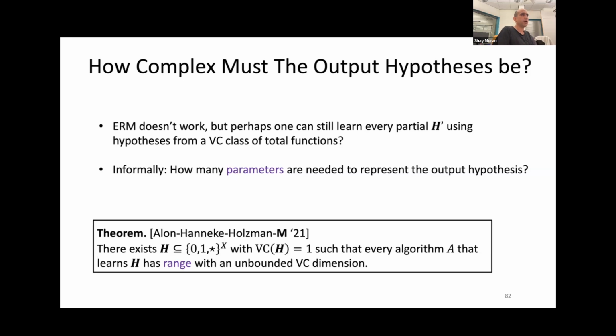Is this possible? I give you a partial matrix. Can you complete it without increasing the VC dimension by too much? And amazingly, the answer is in general, no. There exists a matrix with VC dimension 1 such that every completion has an unbounded VC dimension.